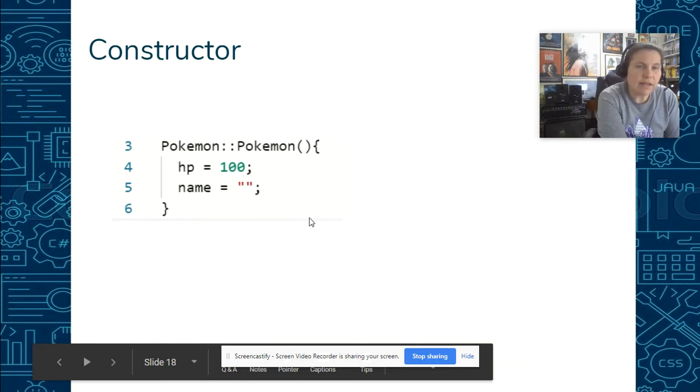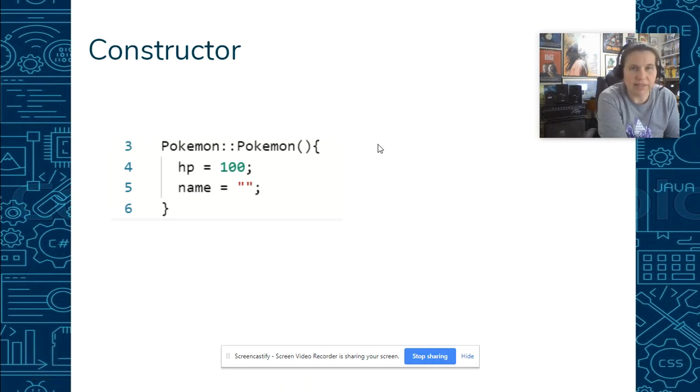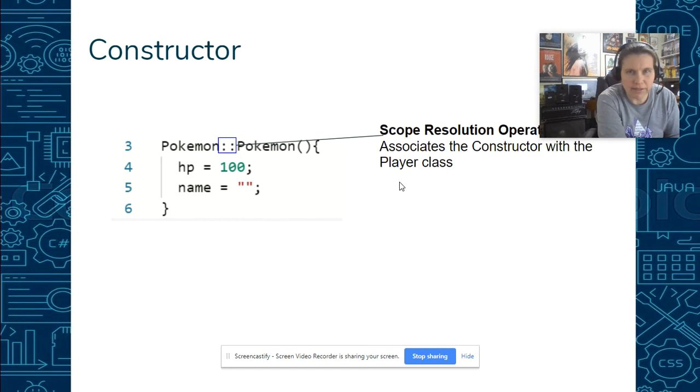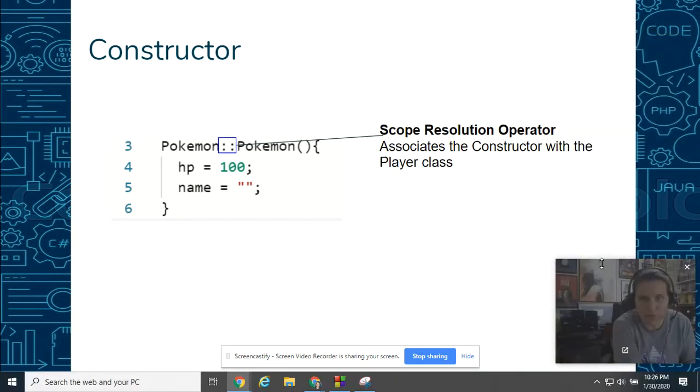Okay, now in the .h file that had the class, this is an example of what the constructor looks like in the .cpp file. It's going to have the name of the class, and it's just going to set all your default variables, but it has this weird thing over here. This is called your scope resolution operator.